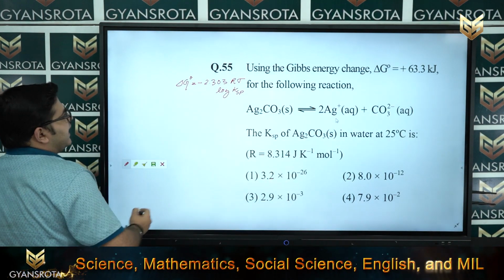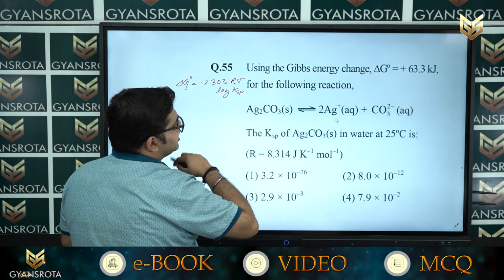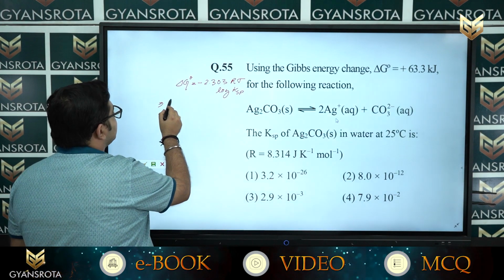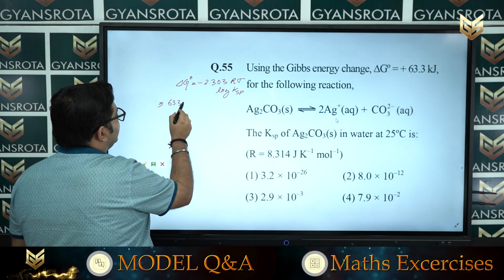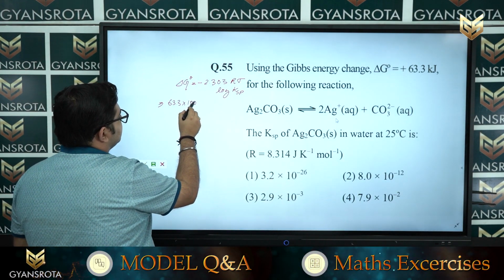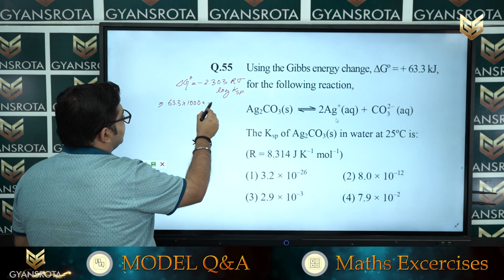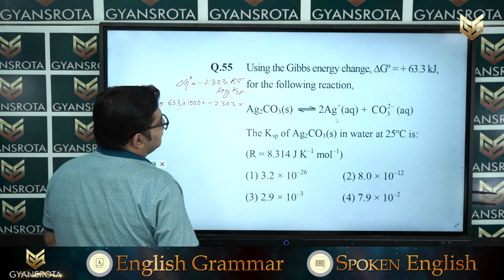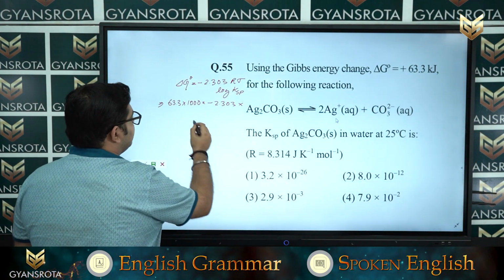For delta G naught, they are giving 63.3 kilojoule, so we have to convert it into joule. That is 63.3 into 1000 joule. Then minus 2.303. What is the value of R they are mentioning here?